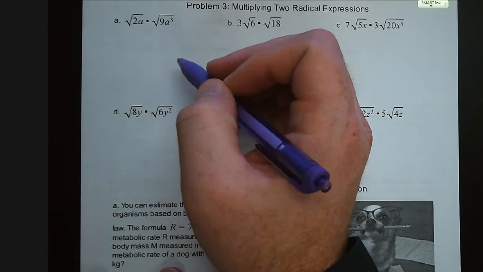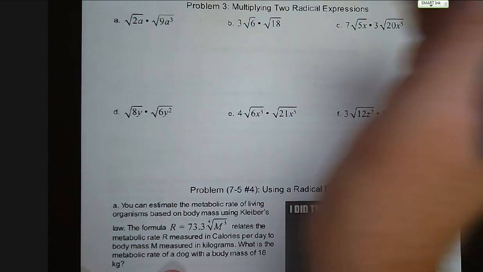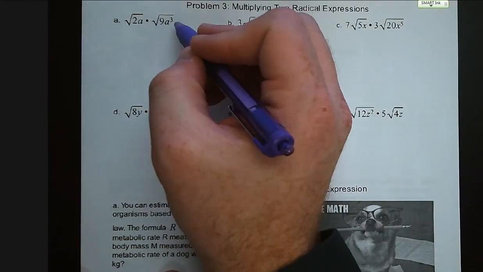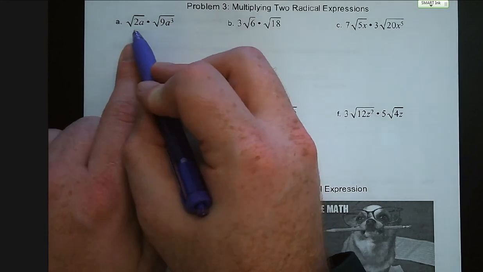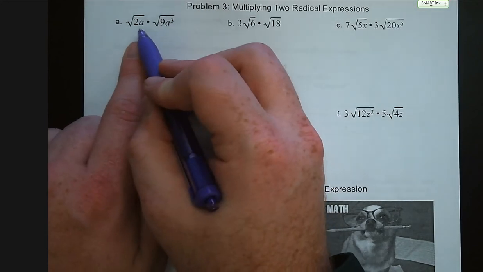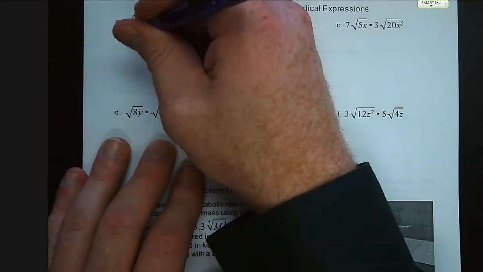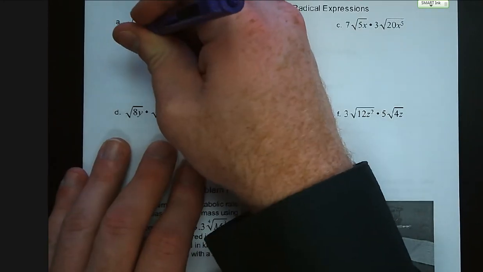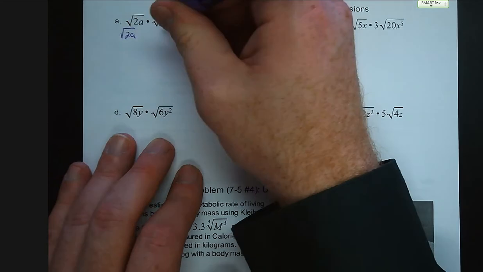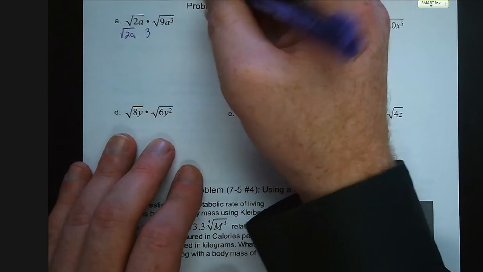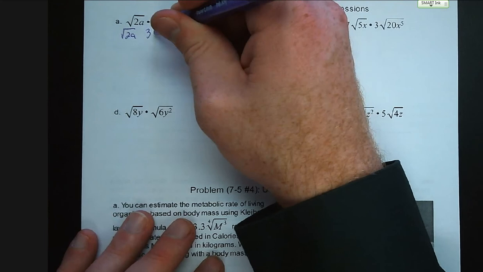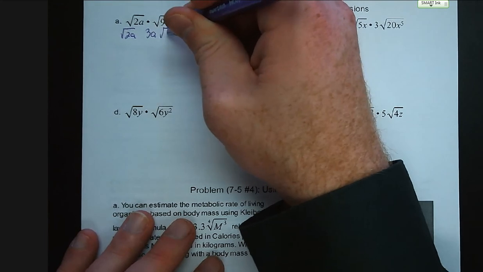We can simplify. I'm going to show you two routes. The first route is to simplify radicals first. So the square root of 2a, nothing I can simplify inside of there. For the square root of 9a cubed, there is something I can simplify. The square root of 9 is 3. We can bring out 1a, and we're left with the square root of a.